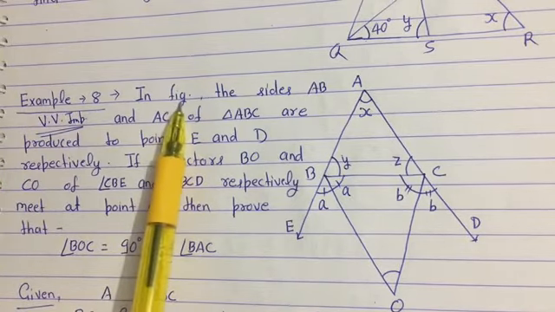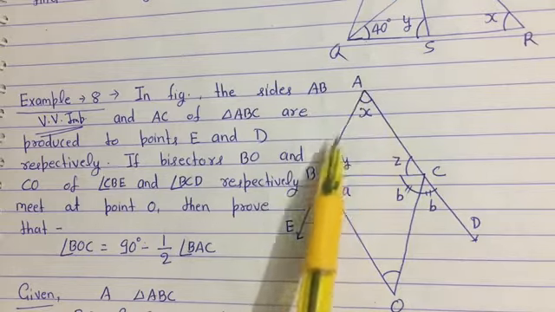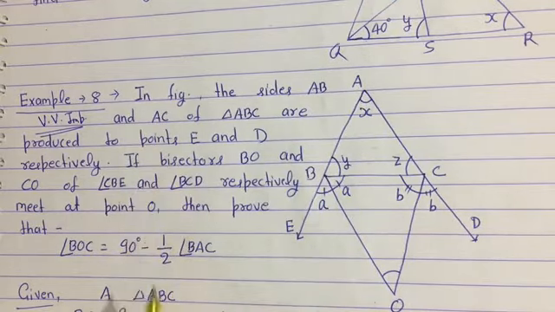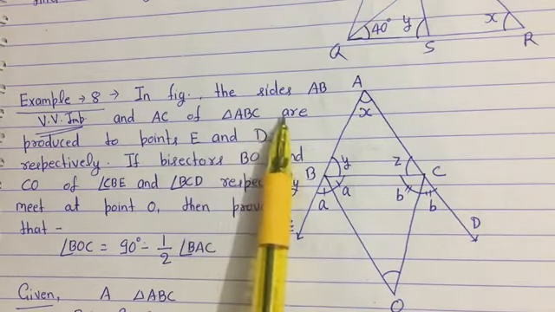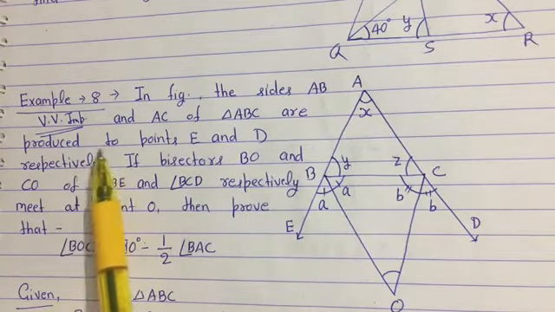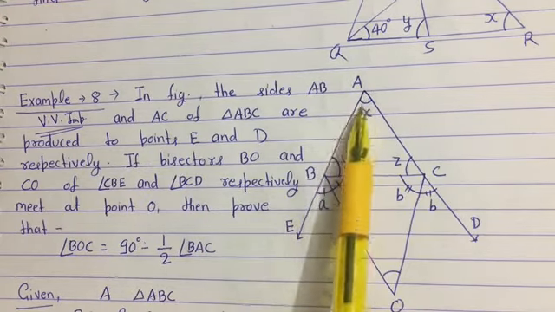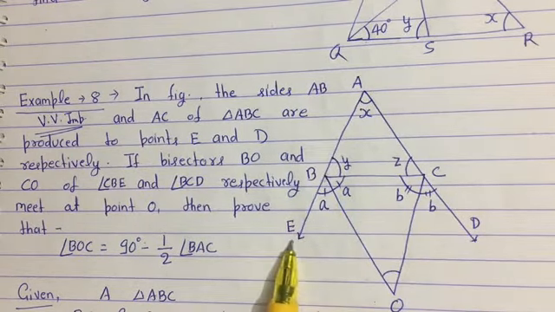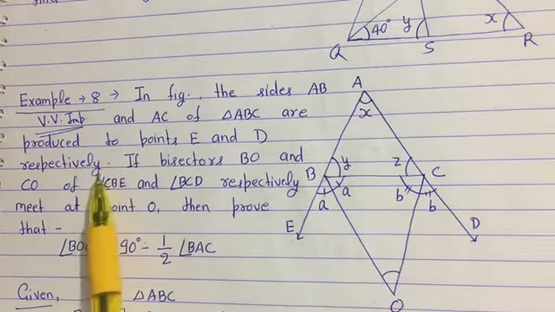In the figure, the sides AB and AC of triangle ABC are produced to points E and D. This side AB is produced to point E, and this side AC is produced to point D respectively.